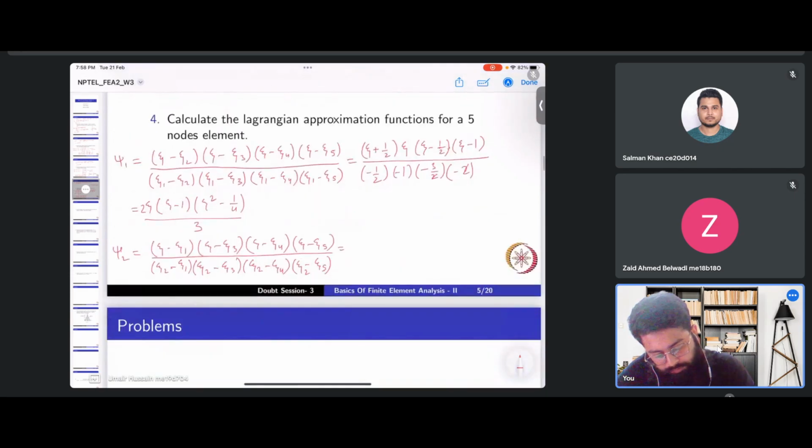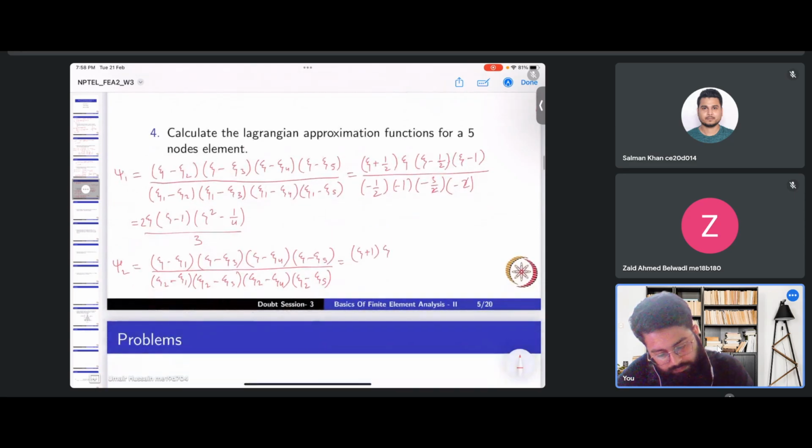So it's minus zeta plus 1, coming from zeta minus zeta 4 is half. Zeta minus half.